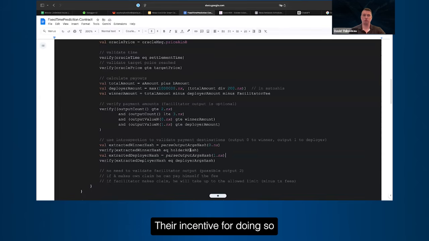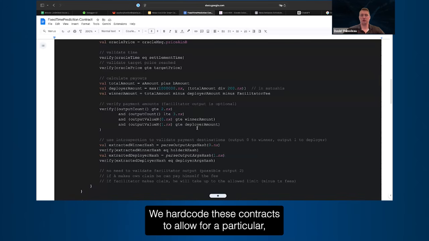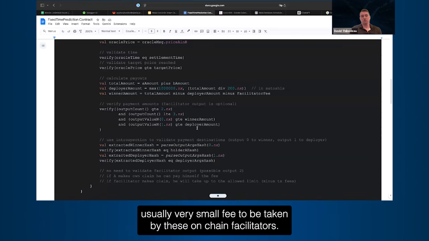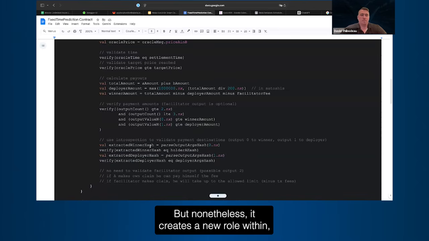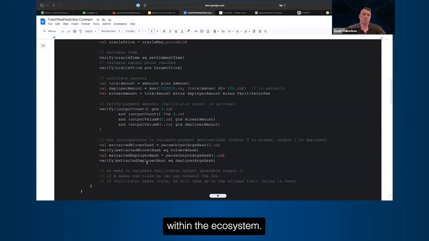Their incentive for doing so is that we leave a little bit of money off of the contract claim. We hard code these contracts to allow for a particular, usually very small fee to be taken by these on-chain facilitators. But nonetheless, it creates a new role within the ecosystem.